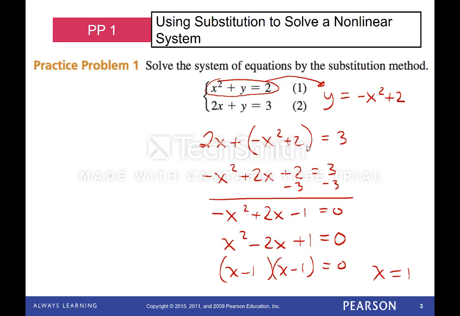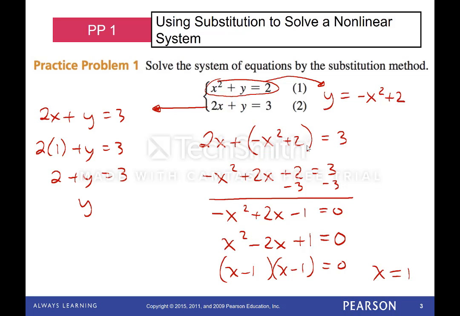Okay, once I know that x is equal to 1, I'm going to back substitute that in. And it doesn't matter, first or second equation, it doesn't matter. I'm going to choose the second equation because then I don't have to deal with the squares of anything here. So plugging in the 1 for the x value, 1 times 2 plus y equals 3, and 1 times 2 is 2.